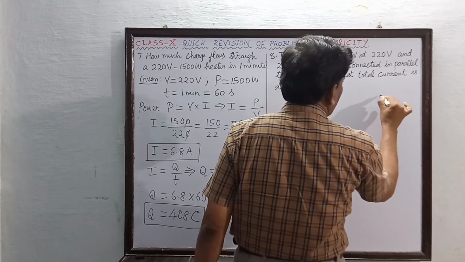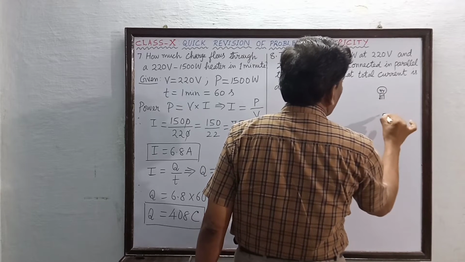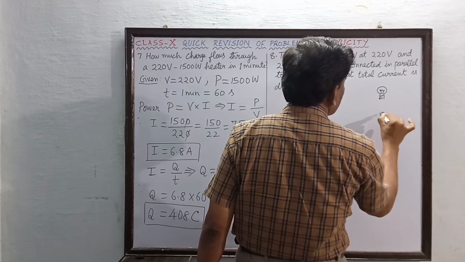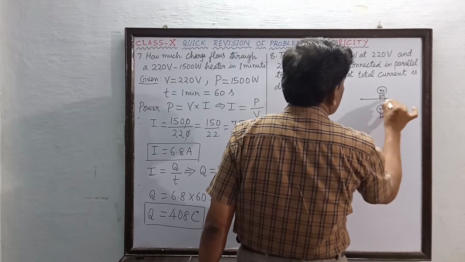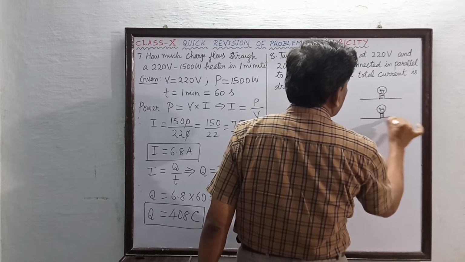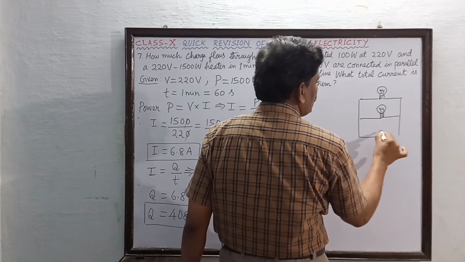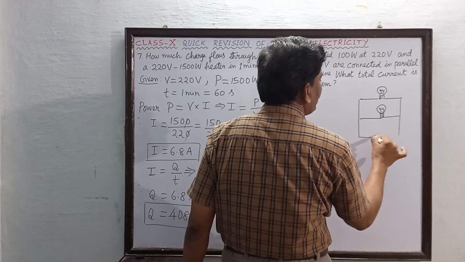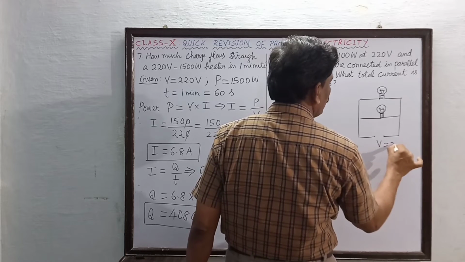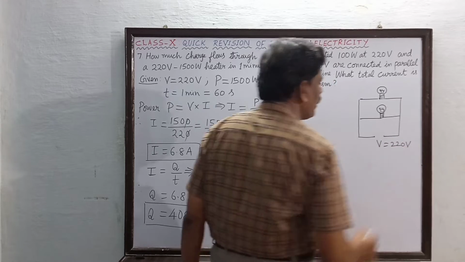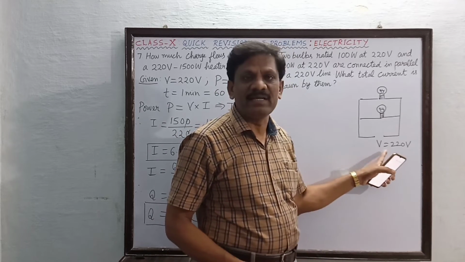Say for example, this is bulb 1 and this is bulb 2. These two are connected in parallel. So this is 220 volt mains, V is equal to 220 volt. Normally we don't show a battery here because this is alternating current, AC voltage.